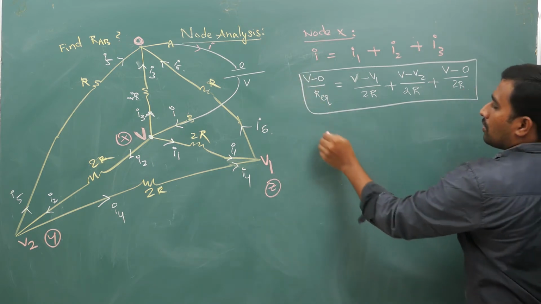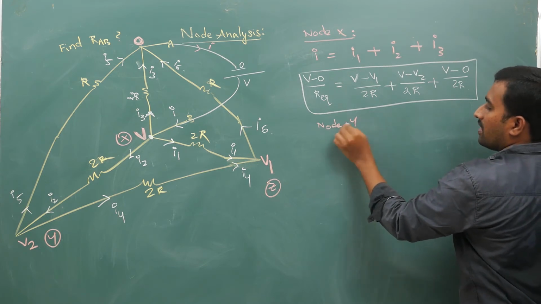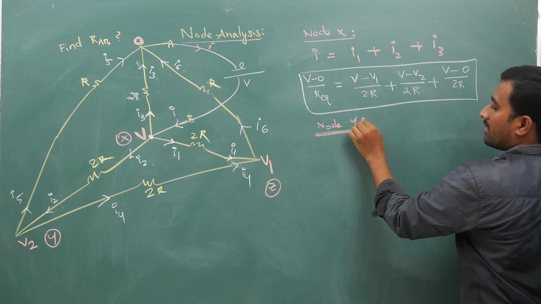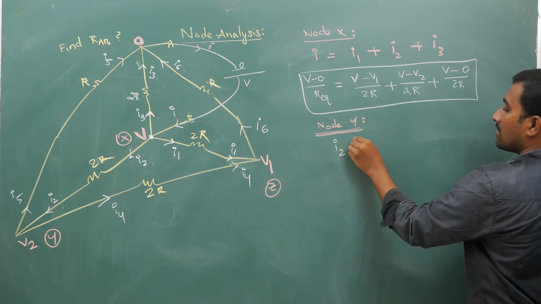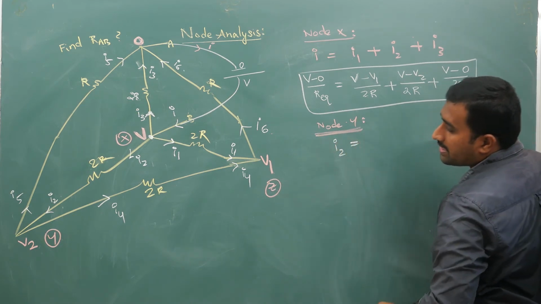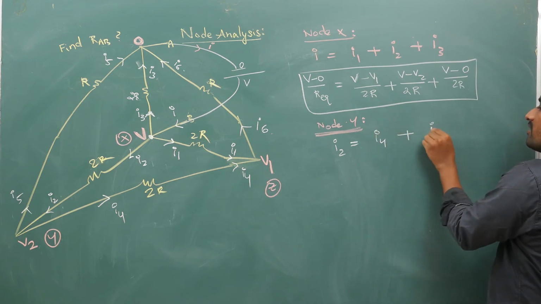Next, your node Y is what I will take next. In node Y, I2 current is entering like this. It is splitting into two parts, that is I4 and I5.